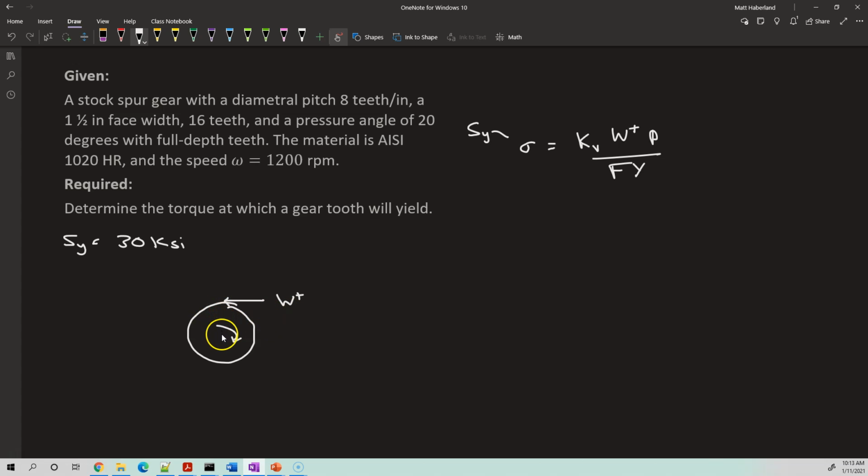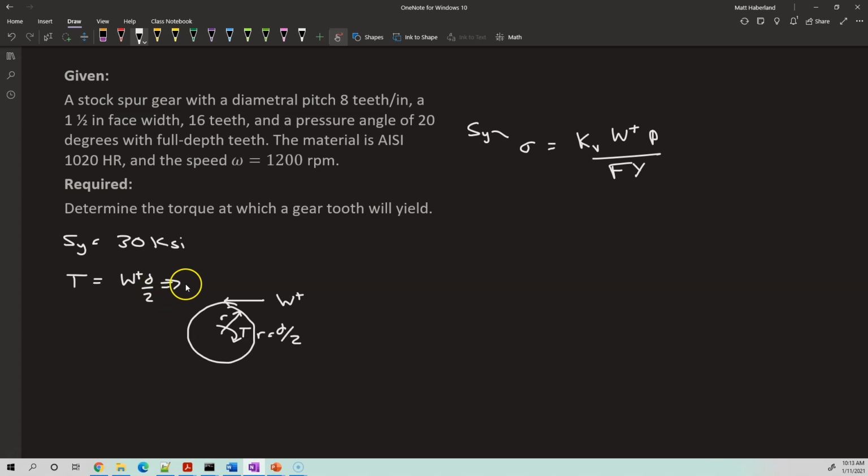So this being the radius of the gear, or d over 2, R times Wt is equal to the torque. This is our torque T, and we just need to solve for it. So let's say that the torque is equal to W tangential times d divided by 2.